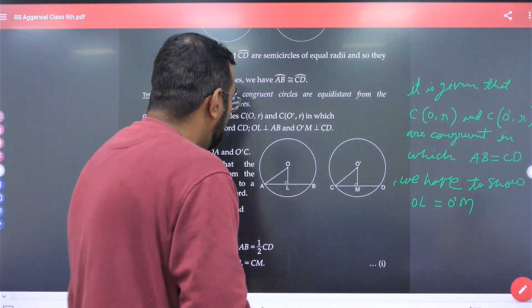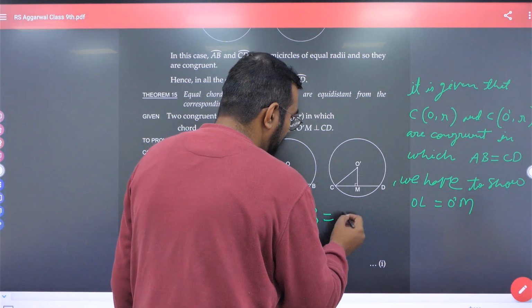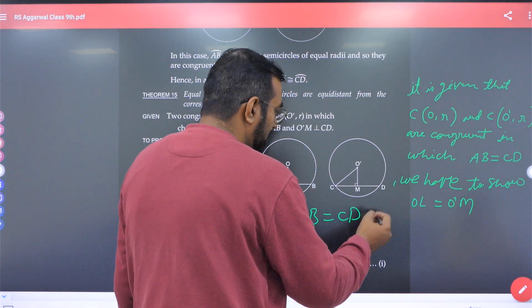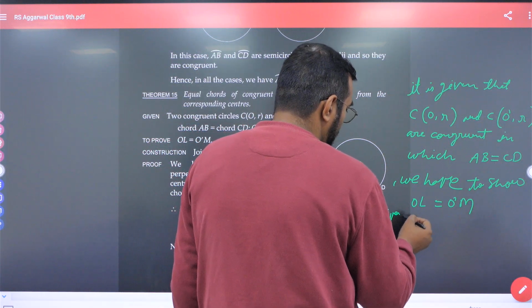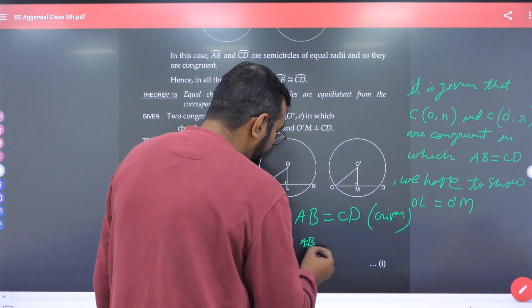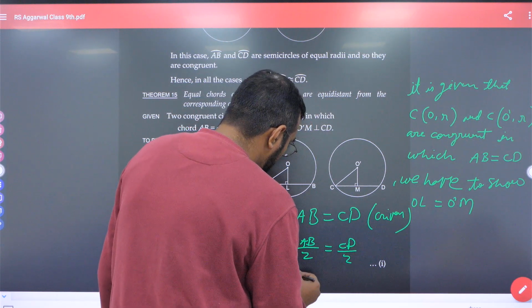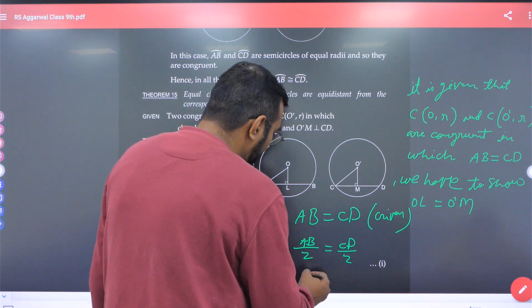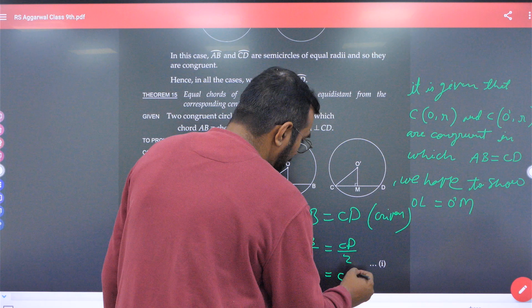How will you show it? Here AB equals CD, given. Equal chords are given. Then half AB will equal half CD. In place of half AB you can write AL, so AL equals CM.